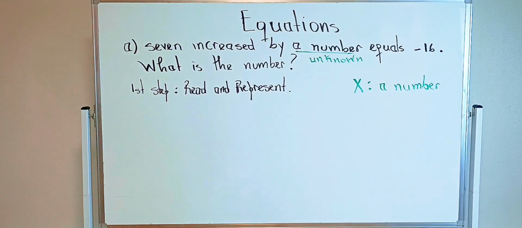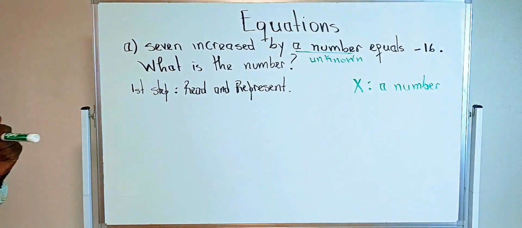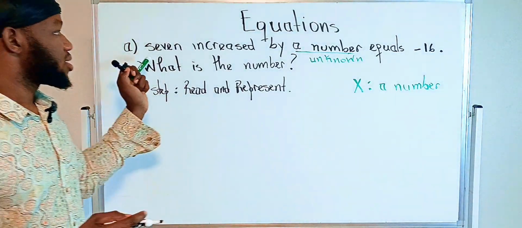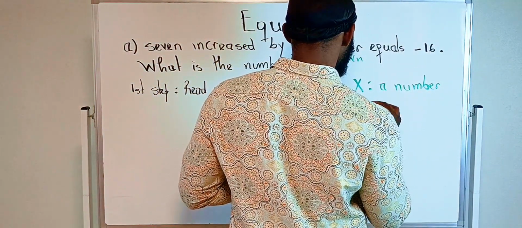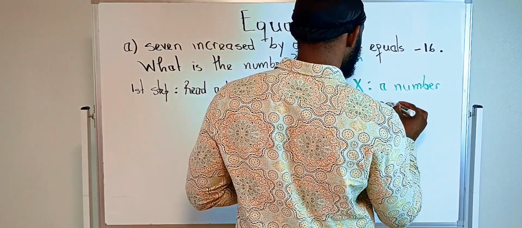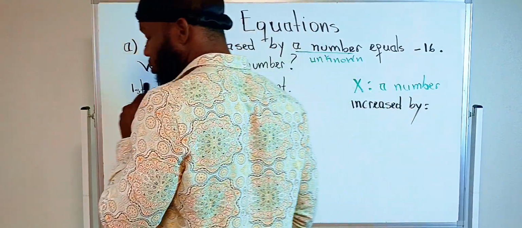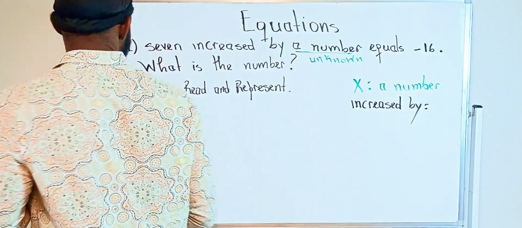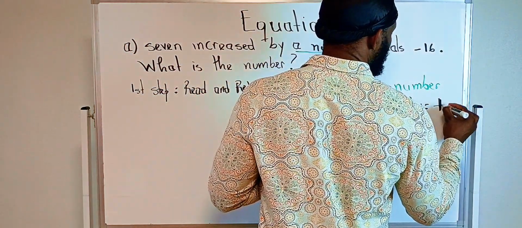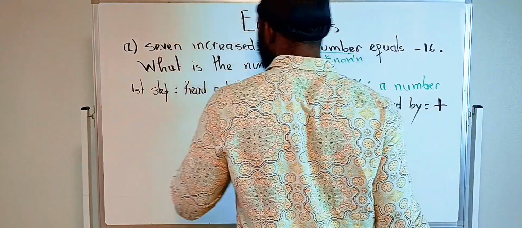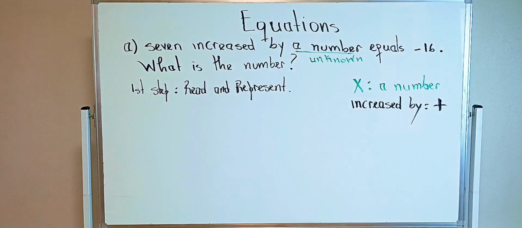What other thing is interesting after reading? 7 increased by. We have the words increased by. This tells you they're talking about addition, because they're talking about things that have been increased.